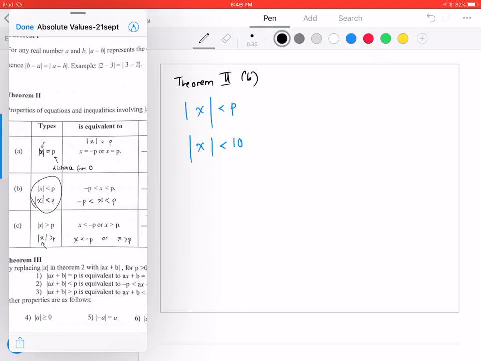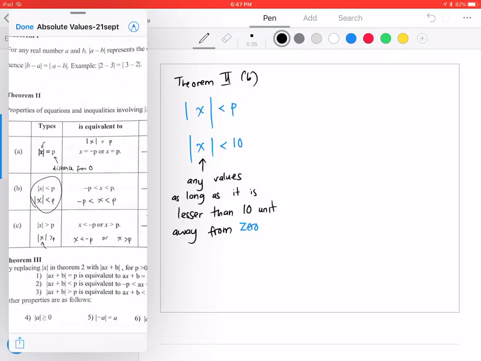Alright, so what does it mean by this? Your x now could be any value, as long as it is less than 10 units away from 0.